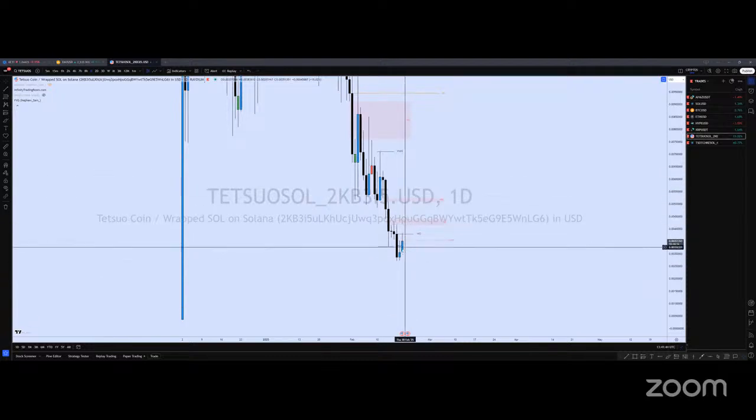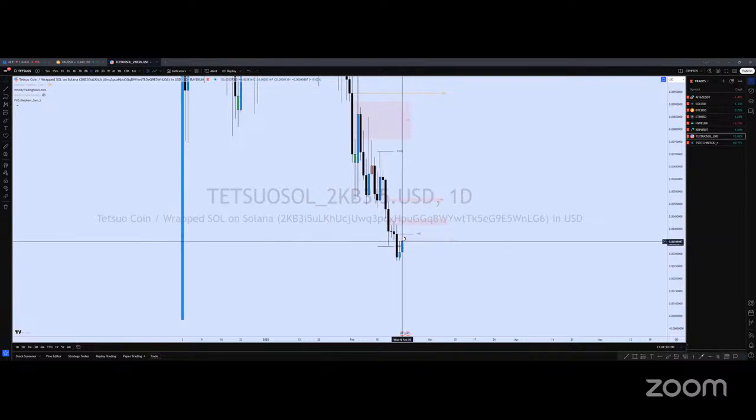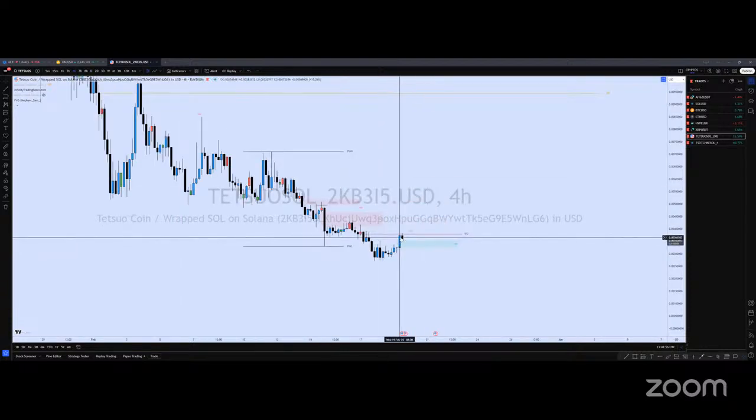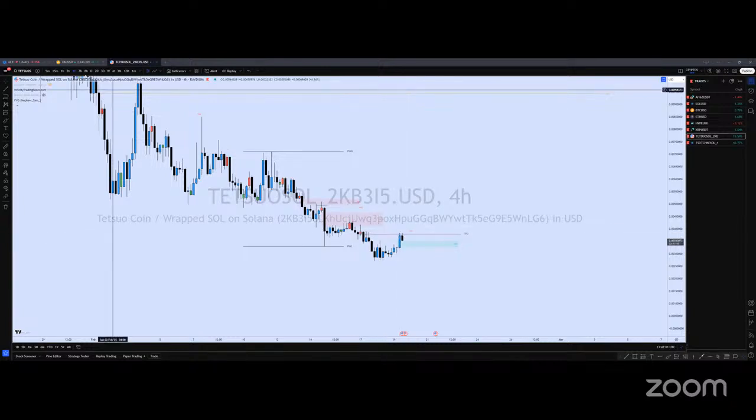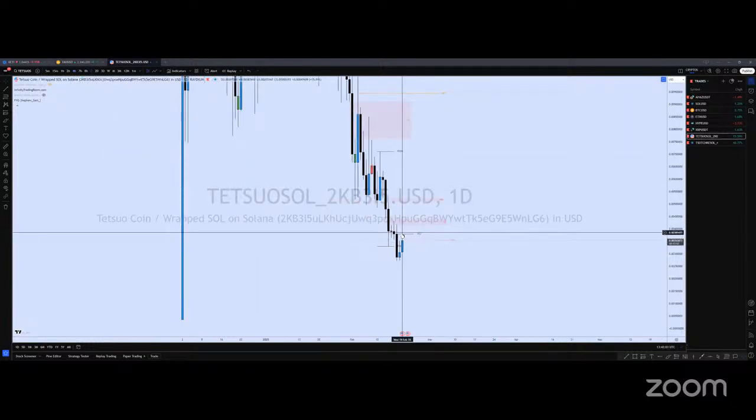the movement to the upside yesterday was not strong enough. Just before I started the session, I was watching it, and the movement was strong. Because if you look at this up candle, ignore that because that just opened. That was a strong candle. So on the daily, it was all the way up here.